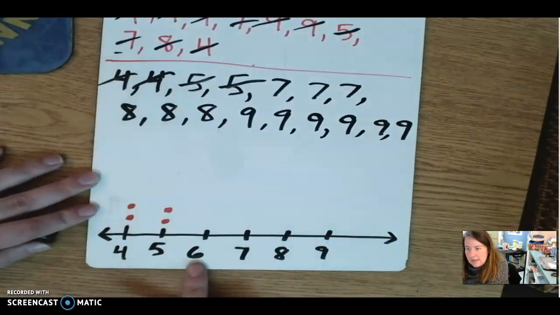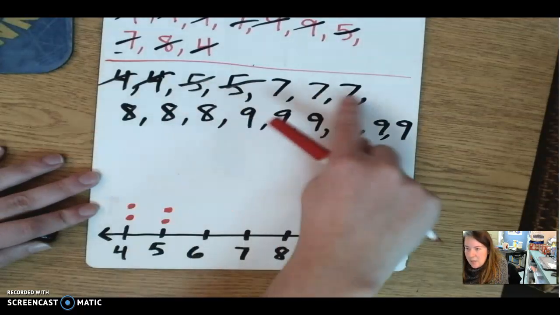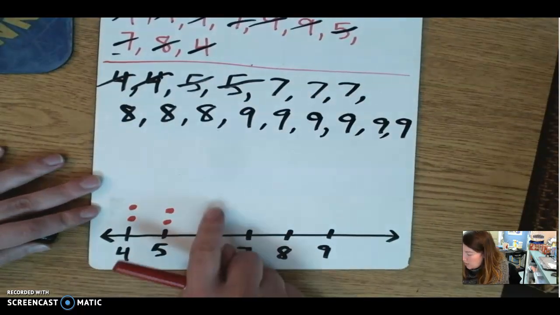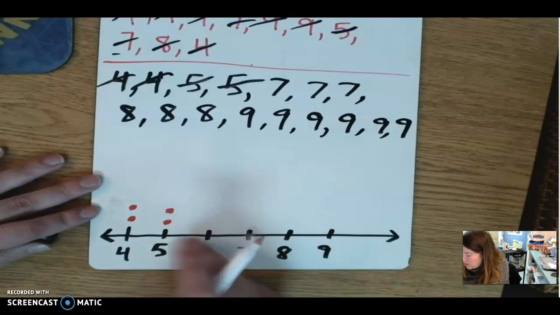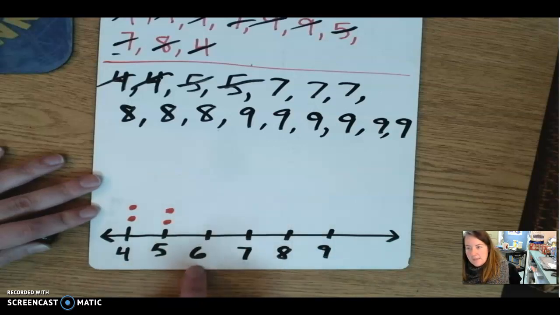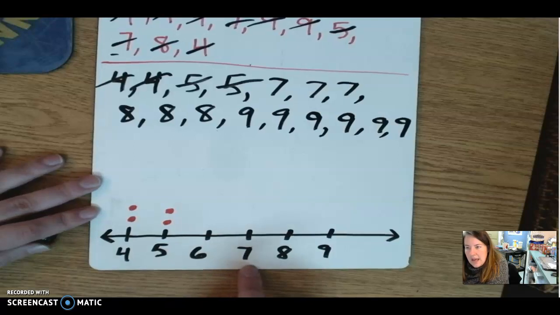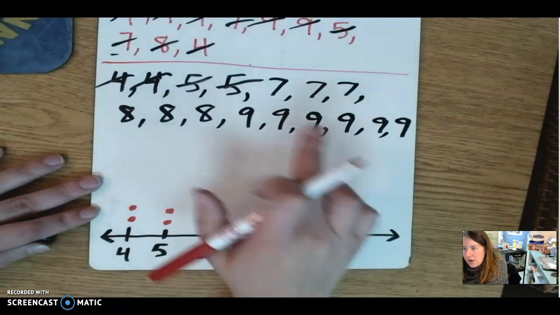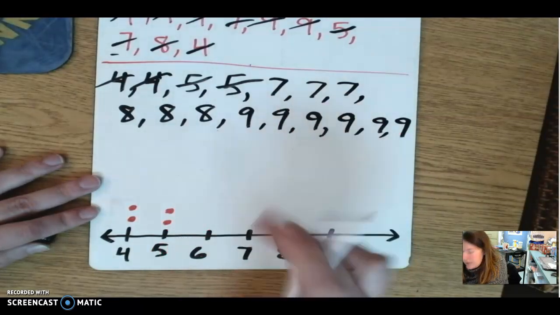Any 6s? Look, there's no 6s in my data, so I'm going to put no dots. I don't put a 0 or write anything. I'm just going to leave it blank above the 6. Okay, how about 7? How many dots do I have above the 7? There should be 1, 2, 3.